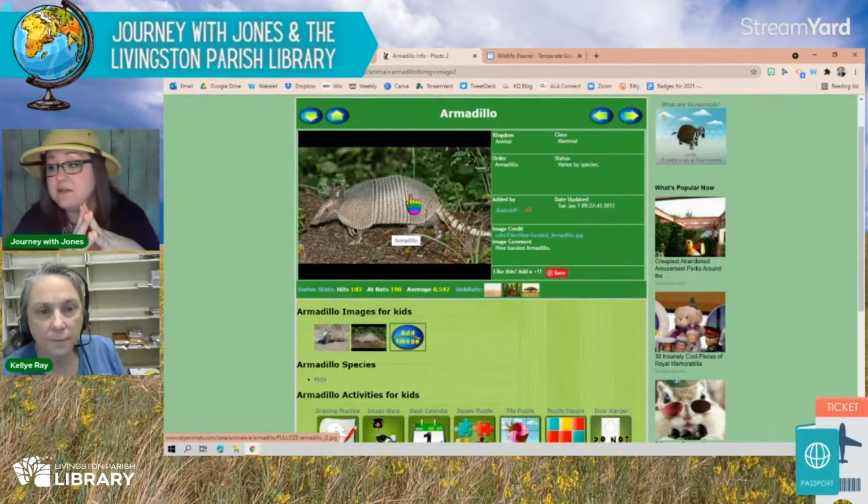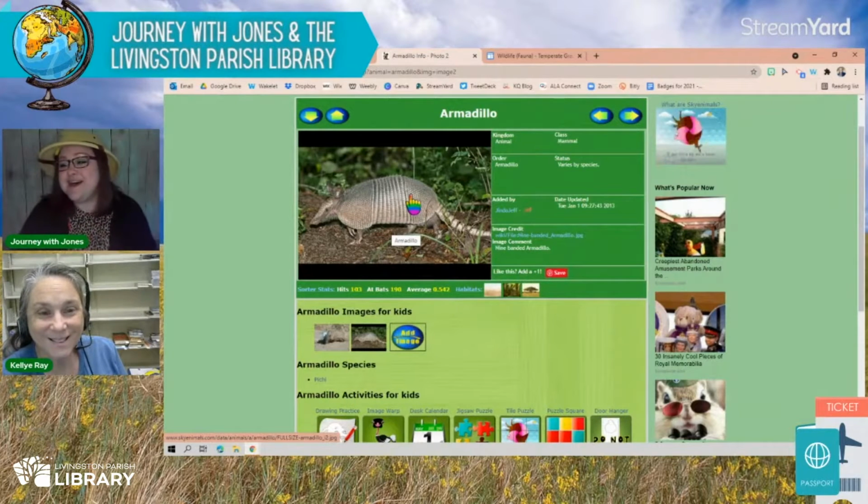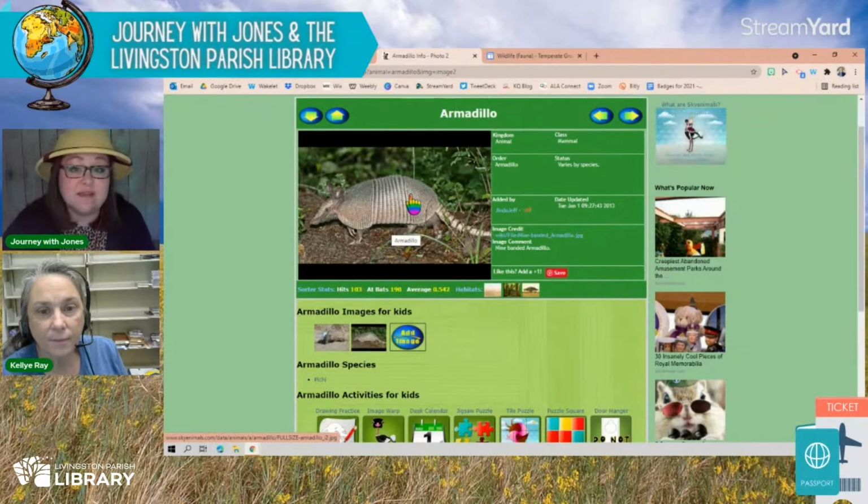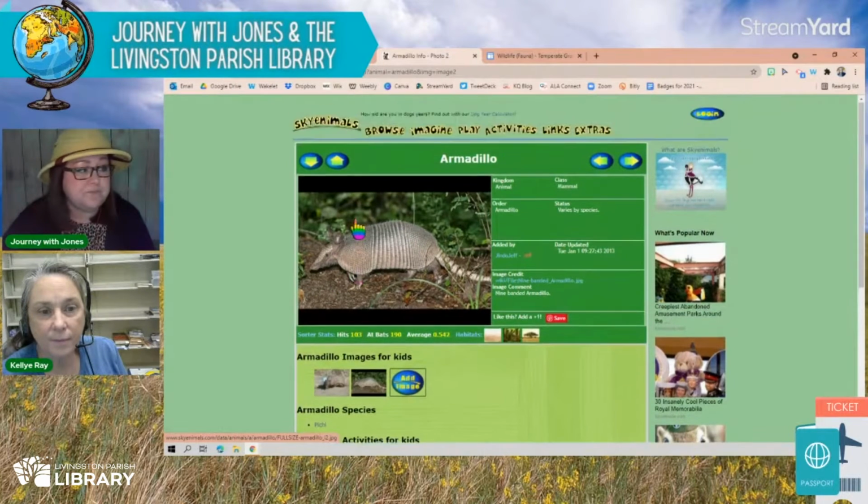That's a pretty gigantic armadillo. I don't know that I would want to run into an armadillo that large at my home. Many species of armadillo are endangered. Obviously not the ones we see here in Louisiana. They are not endangered. There's a million of them. But there are specific species in some of the grasslands that are endangered.